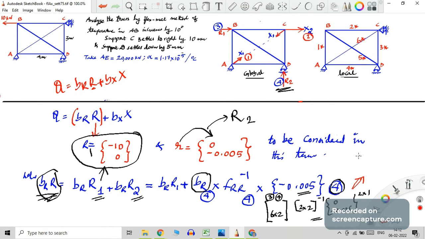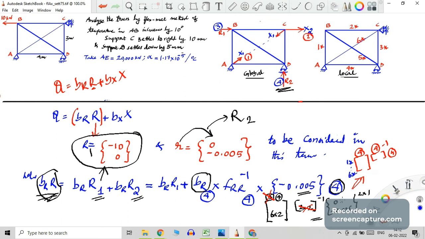So BR here you have to take only for column 4, not for column 3. So this you cannot take. Similarly, FRR inverse also has to be taken for coordinate 4 and 4 only, to avoid the coupling. Okay, this is 1 star to 6 star.